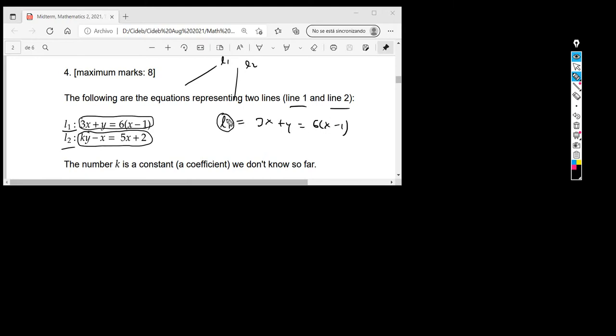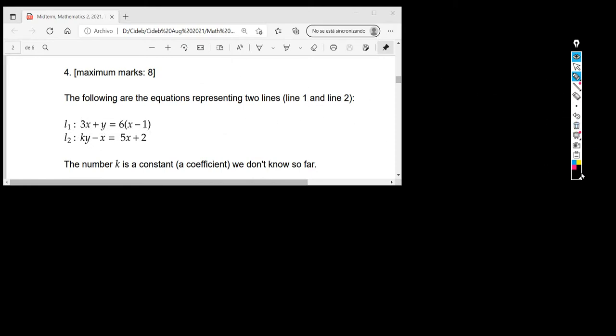And that would be incorrect. This is a name. It's a label. So it's much more advisable to write a colon instead of equals. Using equals would be just a no-go. Just don't do it. Do it like this. When you're writing this, you're saying my line 1 is this equation. This is much better. That's the only remark that I wanted to tell you about.